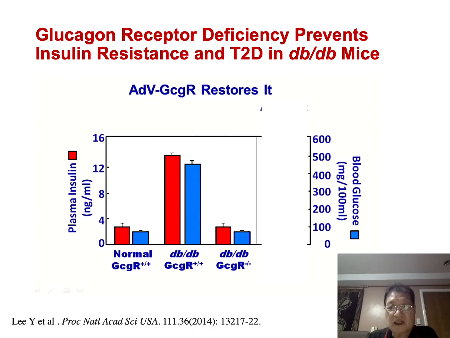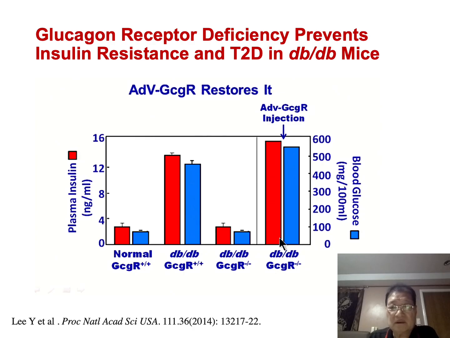The next is DBDB mice with knockout glucagon receptor, meaning mice that are diabetic but without glucagon receptor, which showed a similar pattern to normal mice. The DBDB mice with the positive glucagon receptor represent a perfect picture of insulin resistance, with both elevated plasma insulin and elevation of blood glucose.